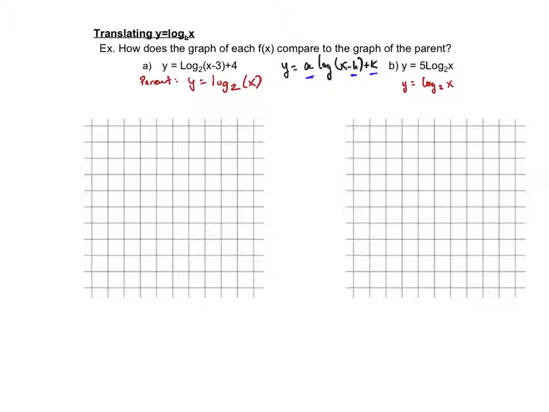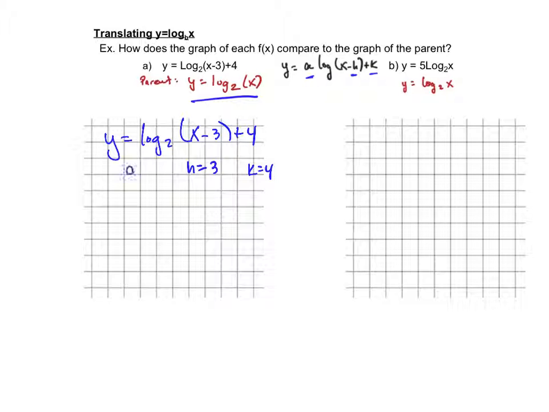So we can go ahead and plug some of these values in and graph this fairly easily. How does the graph compare? Well, shoot, we don't even need to graph it if we know the parent function. If it has y equals log base 2 of x minus 3 plus 4, well, k is equal to 4, h is equal to 3.